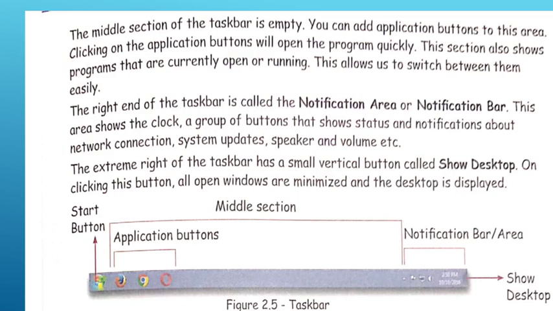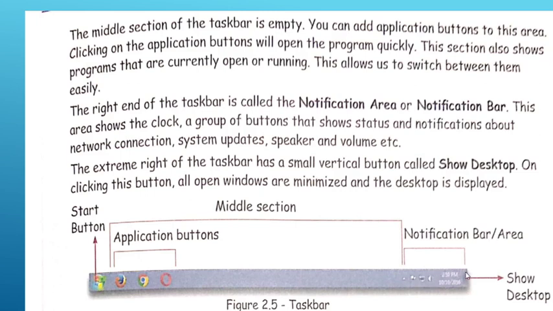Now, see the picture that is shown over here. The start button is on the left portion of the taskbar, and on the right side of the taskbar you have a notification bar where you have different types of icons. This icon is your network connectivity, meaning if you have internet on your desktop or laptop, this particular area will show you if you have internet connectivity or not.